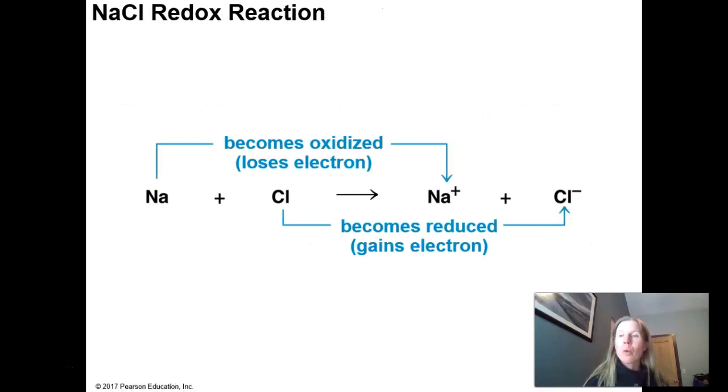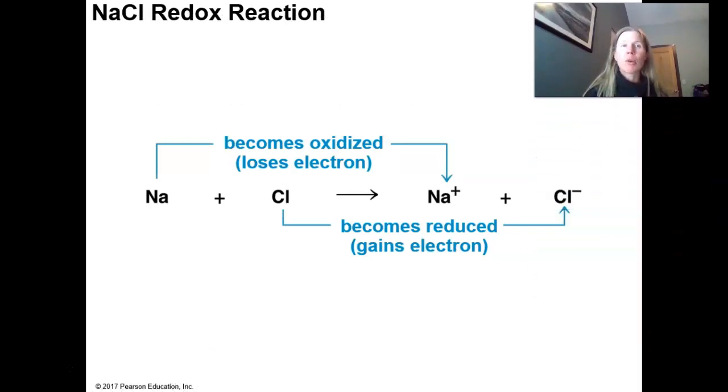Okay, a couple things to keep in mind before we really jump in. A lot of what you're going to see in cellular respiration are what are called redox reactions. Redox is a contraction of two words, reduction and oxidation. They made this contraction because the two are always together.